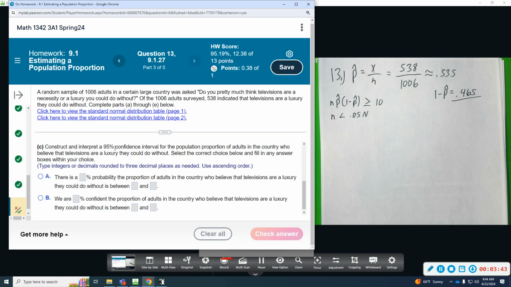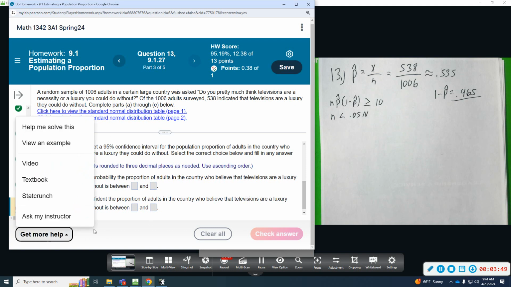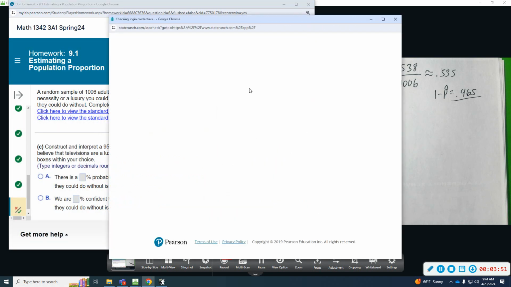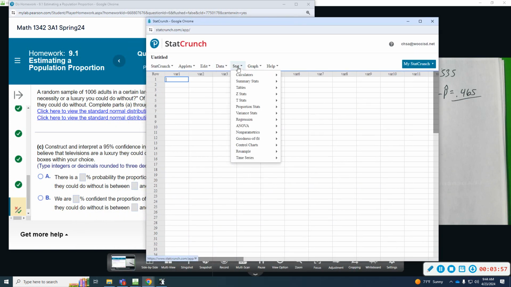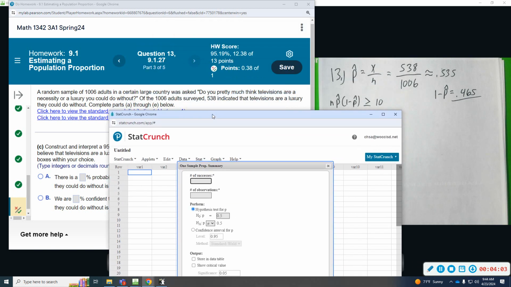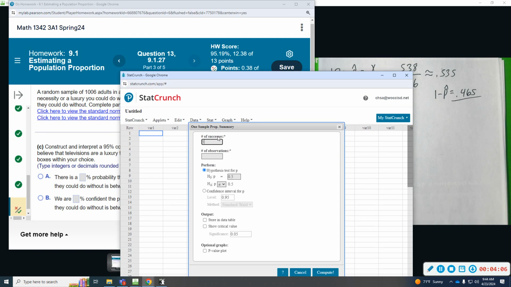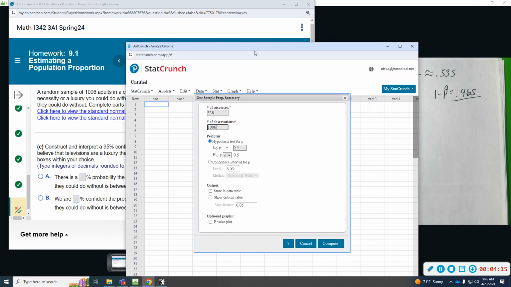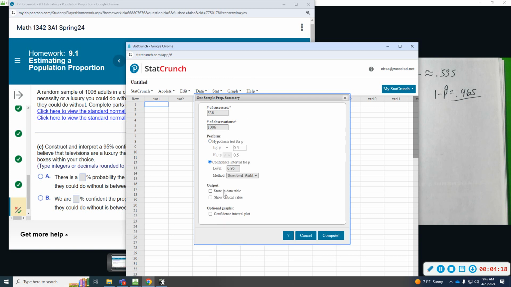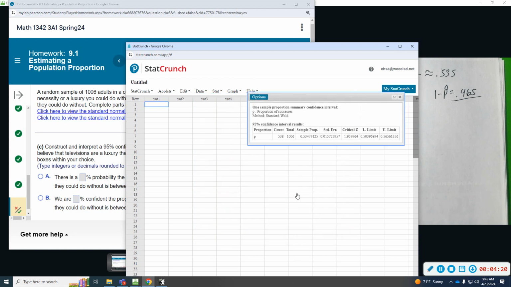All right, we're going to construct and interpret a 95% confidence interval. Now that they give us a level of confidence, we will move over to StatCrunch and complete the rest. We're looking for a confidence interval: Stat, Proportion, One sample, With summary. Number of successes was 538, observations 1,006, and 95% confidence.